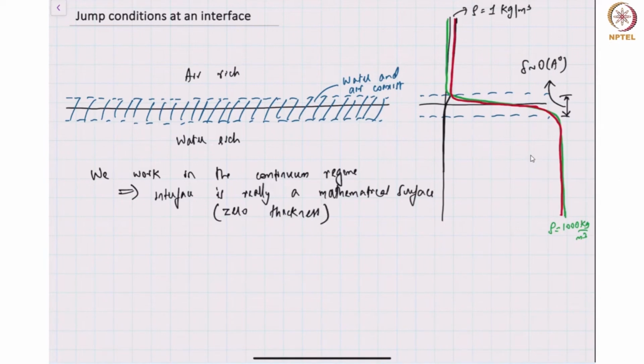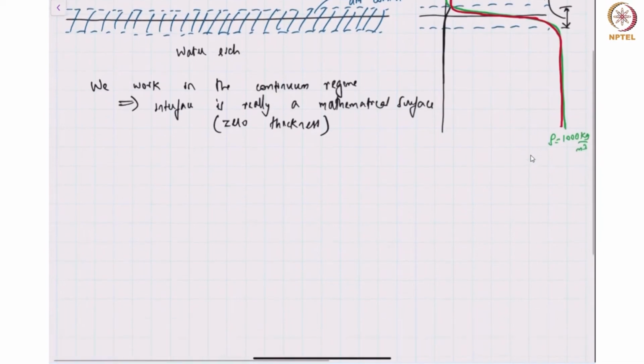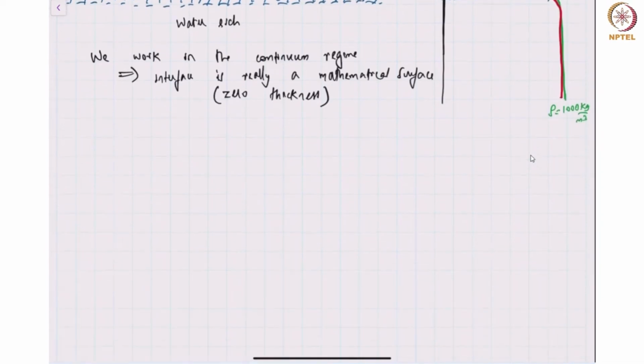But can I use this picture that I've painted for you, where there is a water-rich region, an air-rich region, and a region where water and air coexist? Can I use this framework to derive the jump conditions at an interface? And the answer is indeed yes. So let's start with an interface which is not a mathematically zero-thickness surface, but a region of finite thickness.